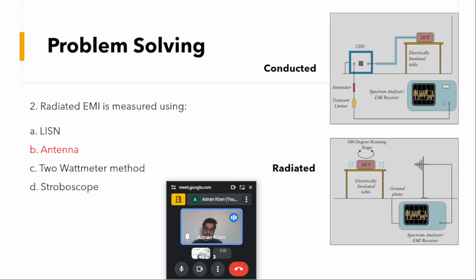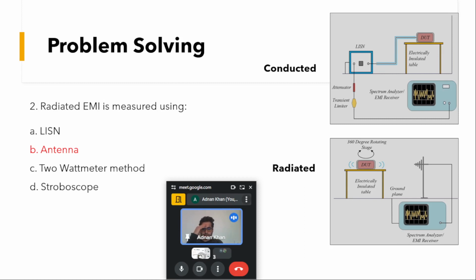But in case of radiated EMI, this is still an isolated room or setup, and we have the device under test on the table. This device under test is not physically connected to any device, but there is an antenna held nearby. It also depends upon the placement of this antenna and how far the receiving antenna is from the device.